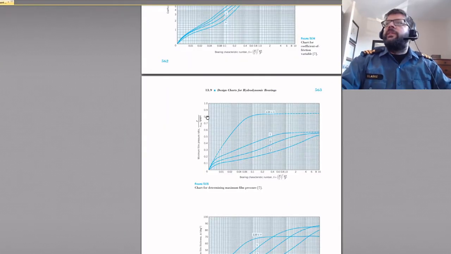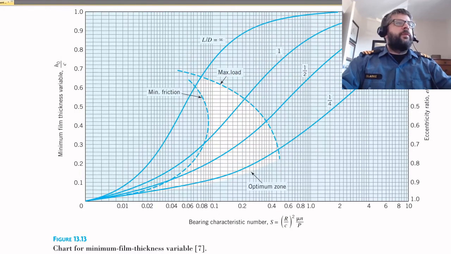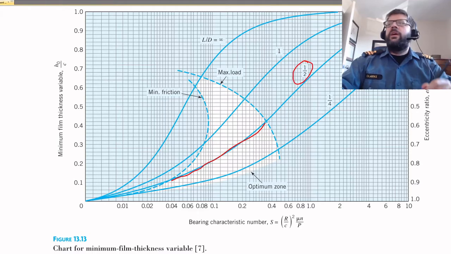When we look at this chart, especially because it defines our optimum zone, we want this thing to be operating somewhere along this line, the length to diameter ratio of a half line.